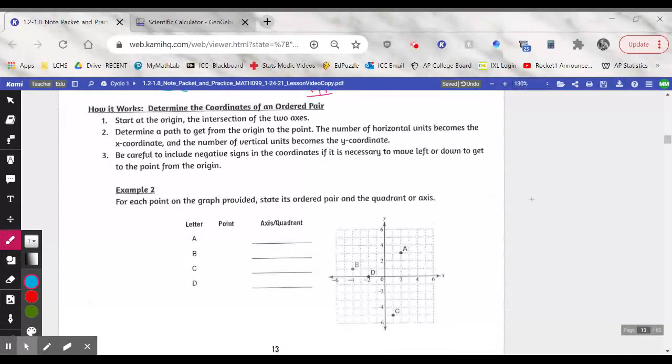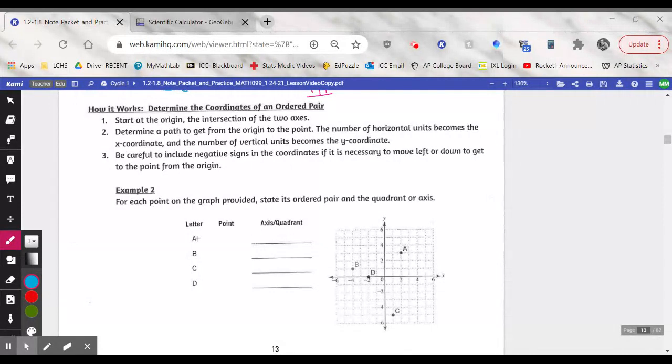Okay, looking at these ones, you're just doing it the opposite way. Now we are given points, and we're now going to name the coordinates and say which axis it's in. So when you're trying to find the coordinates of an ordered pair, you're still going to think about where it is in relation to the origin.